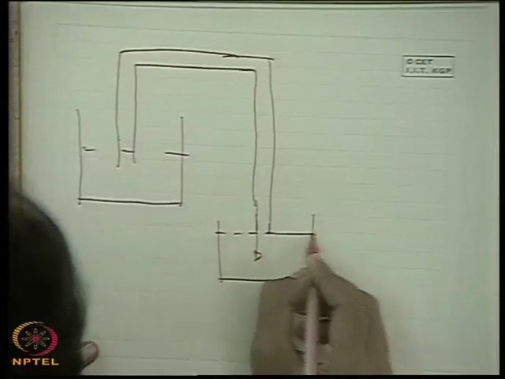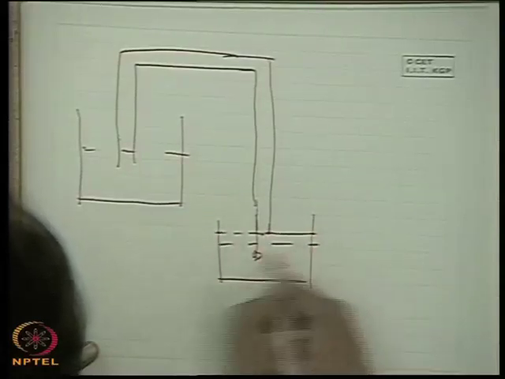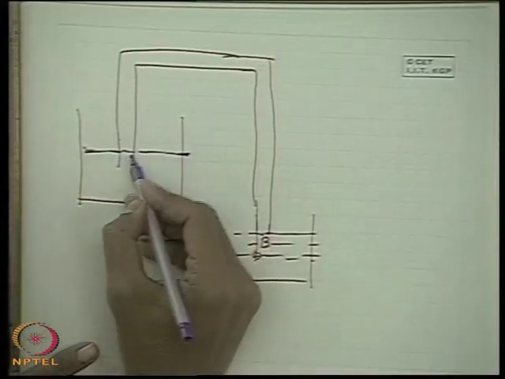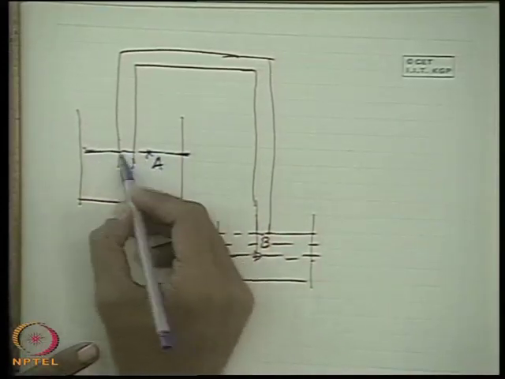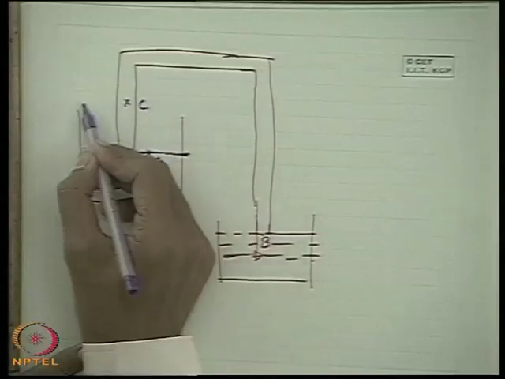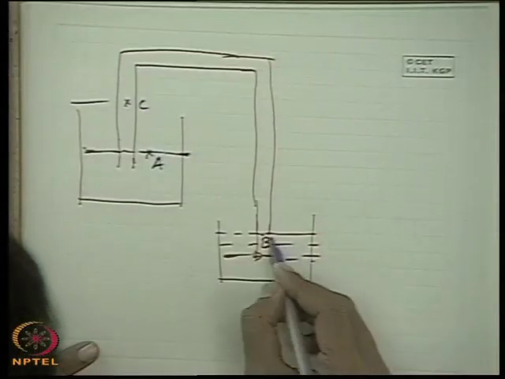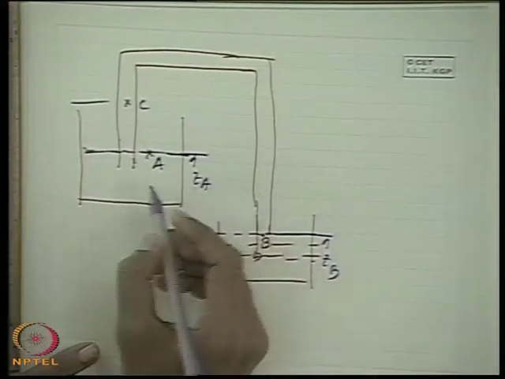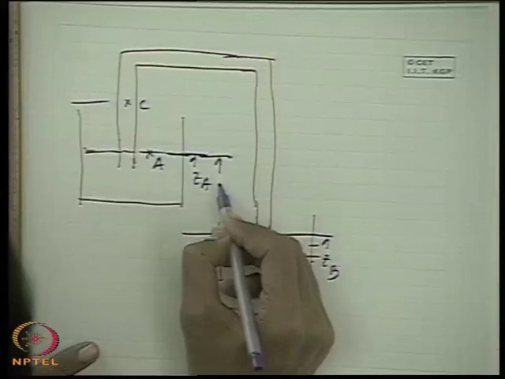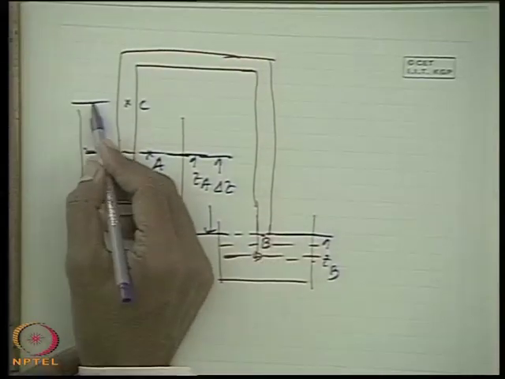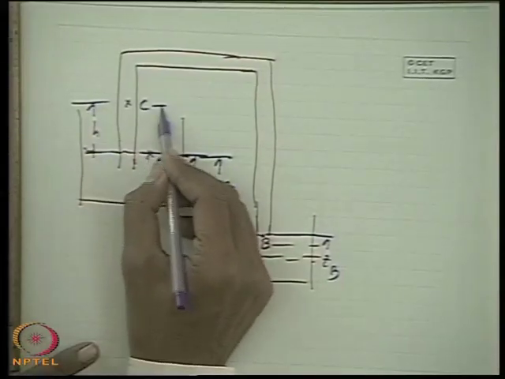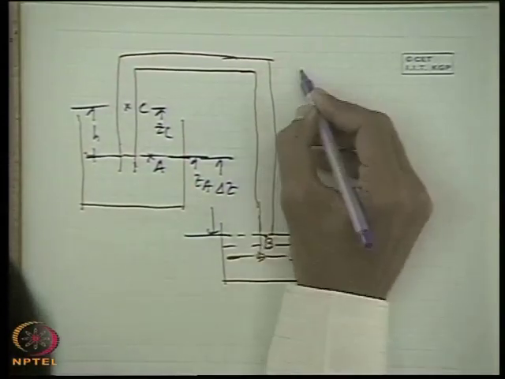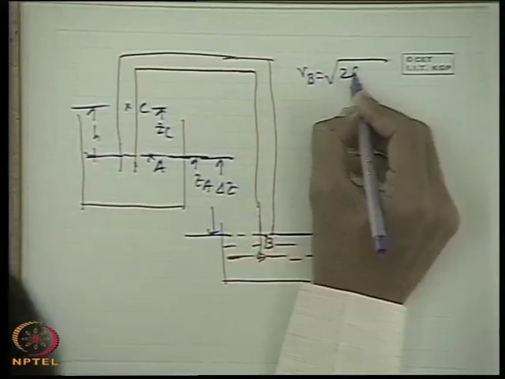Let this go like this, this is the discharge plane B. This is the point A, and this is the point C. This is ZB, this is ZA, this is delta Z, and this is H, and this is ZC. Now we have found out that Vb is root over 2g delta Z, very simple.